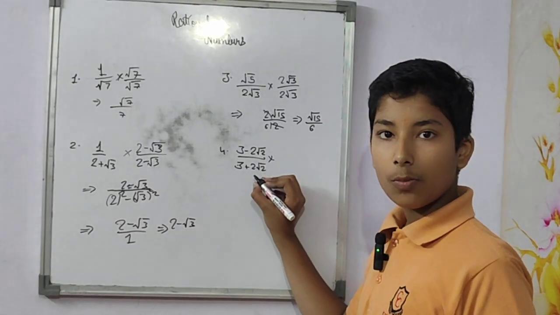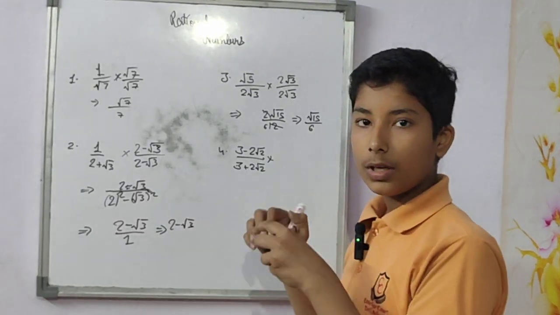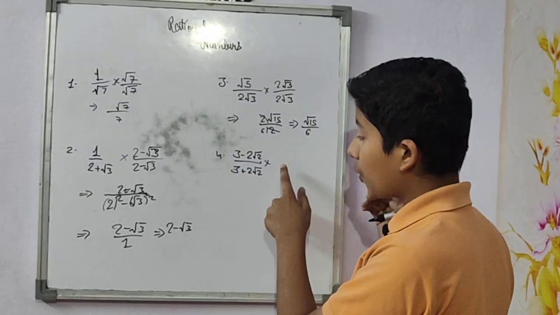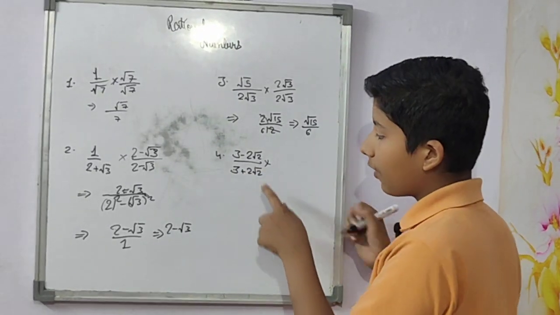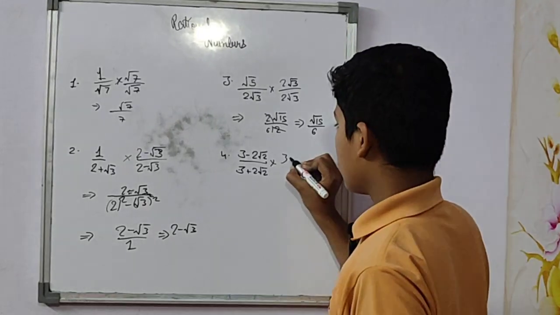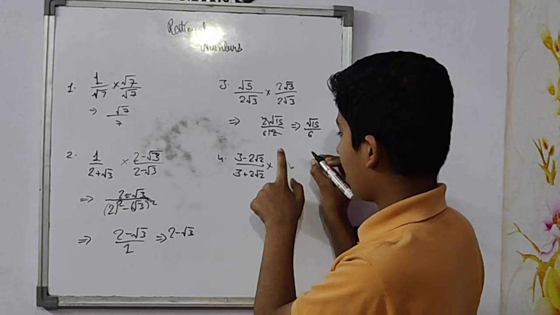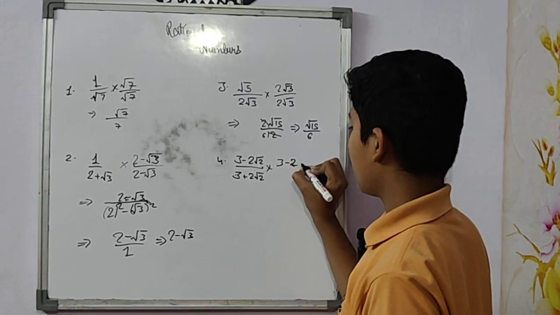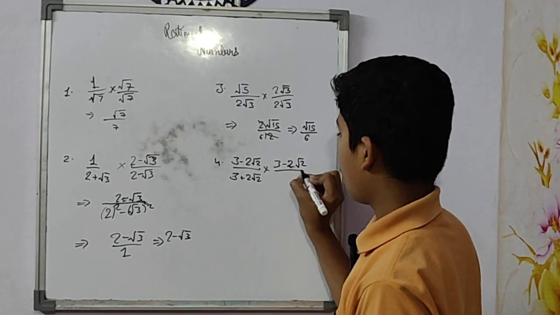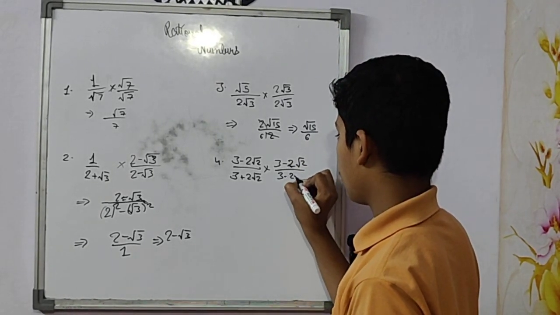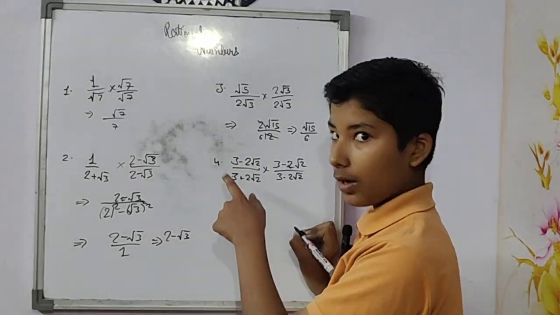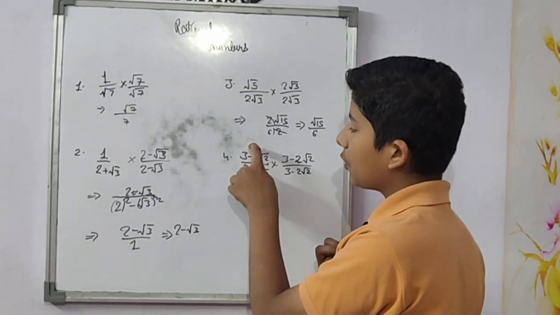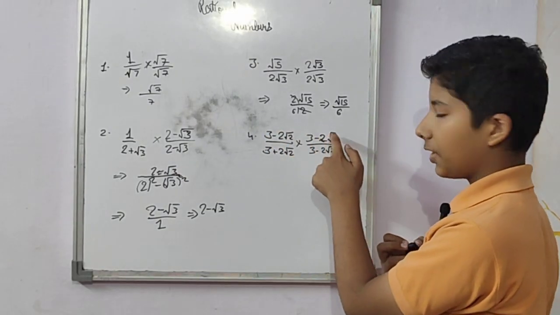I told you in the denominator, you don't put the same symbol. You have to change the symbol, no? 3 plus, sorry, I did the same thing. 3 minus 2 root 2 upon 3 minus 2 root 2. If the denominator and numerator have different symbols, you just put the numerator here.